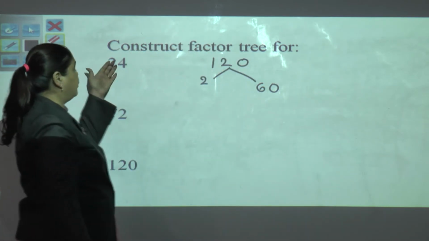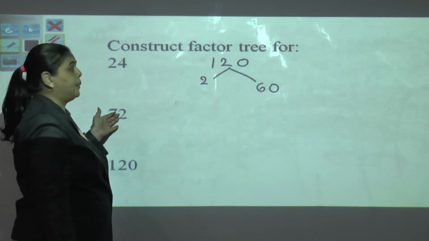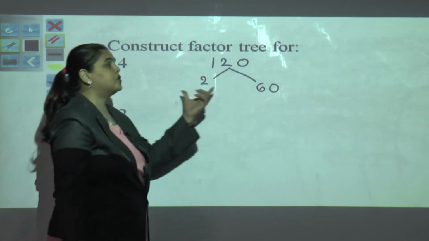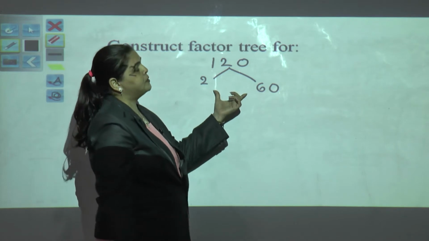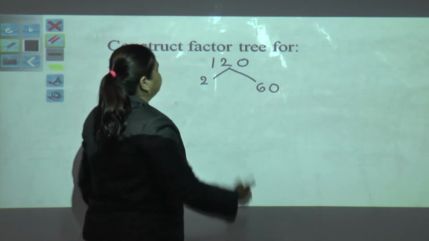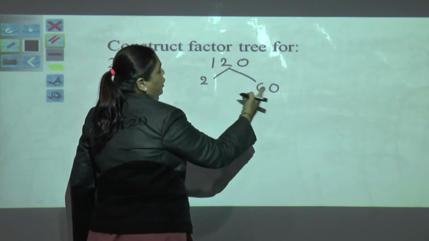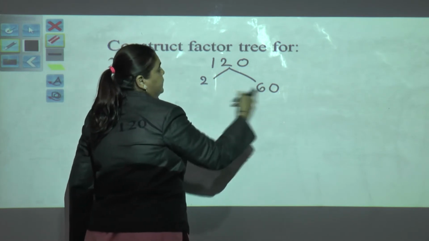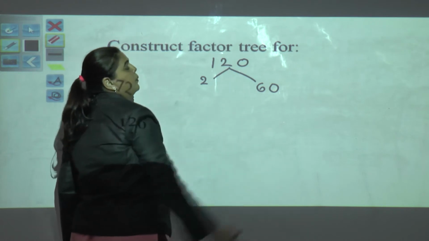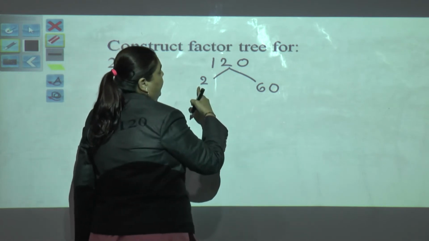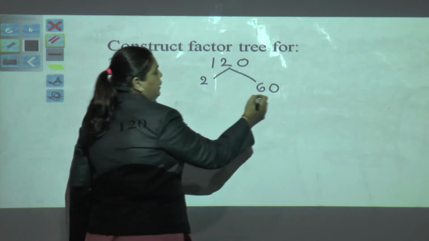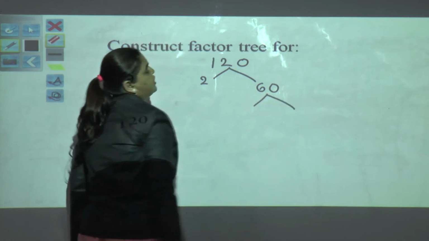Just by doing these 2 examples, you got the practice of this. So we have to do some smart work and use some trick to find out. Now this is 6 2s are 120. If you are confused, you can multiply these numbers and the product will be 120. Now I can't do it because it's a prime number, but I have one more number which is a large number.